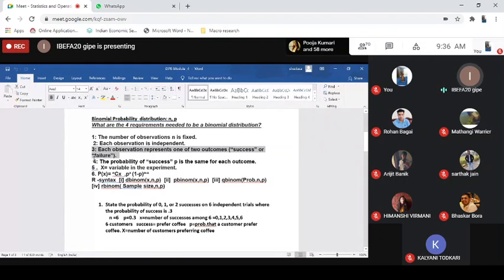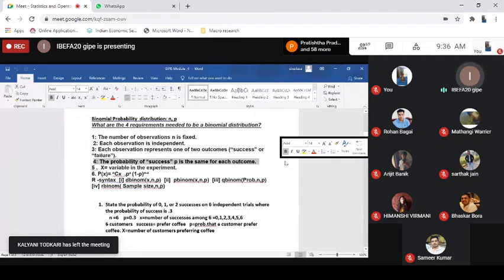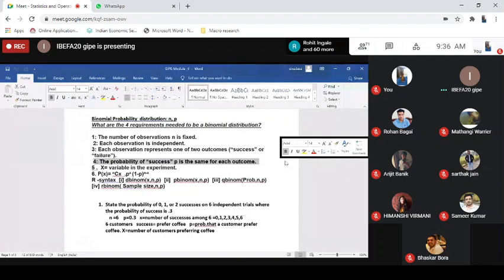Probability of success is defined as P, and 1 minus P will be failure, a fixed notation. Any notation you can use, but as far as the classes are concerned, P represents probability of getting success and 1 minus P is probability of failure. How many successes?